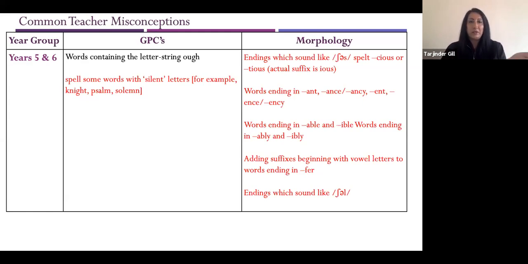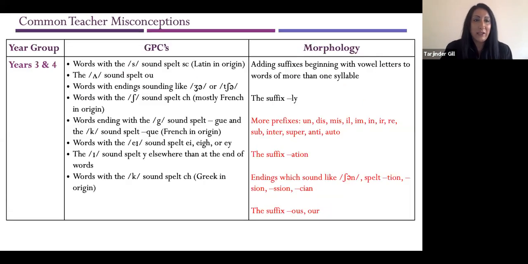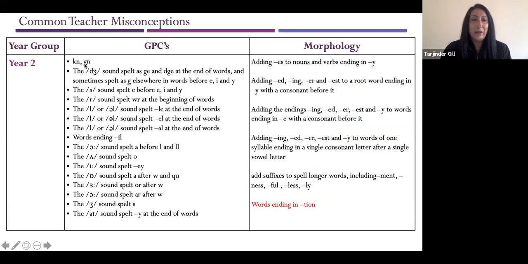And of course, you then have certain objectives in the national curriculum, which I think are not particularly helpful. So this idea of spelling words with silent letters, well, they're not silent. They may be rare or unusual grapheme phoneme correspondences, but they're not silent. Take the word night, which is included as an example. If you go all the way back to year 2, you can see that it's already there.